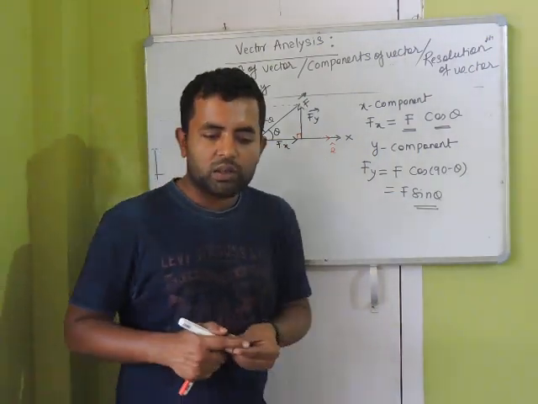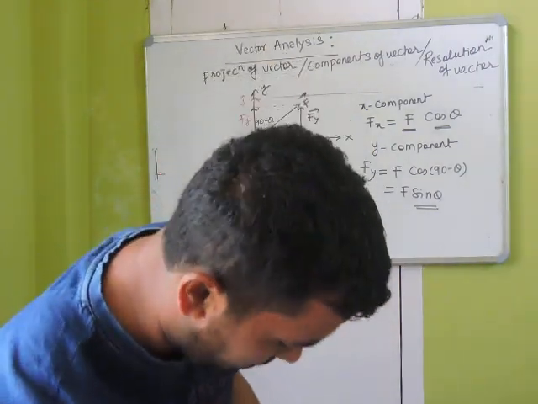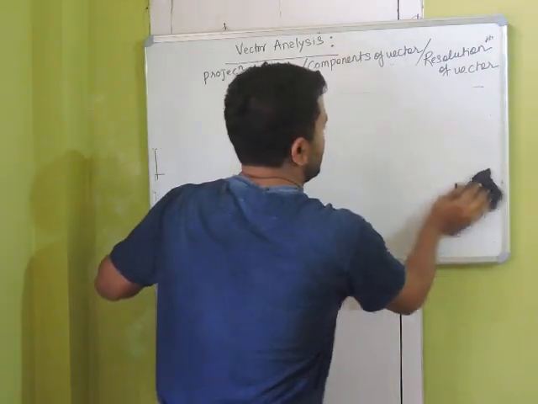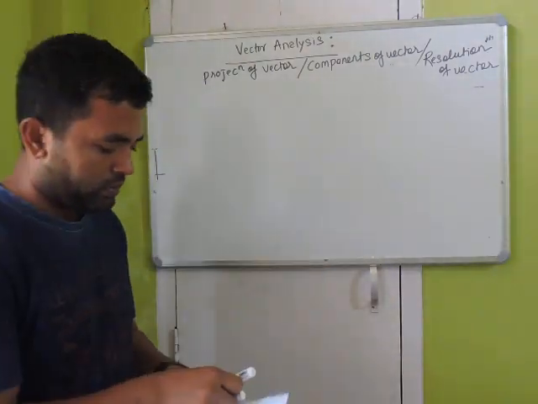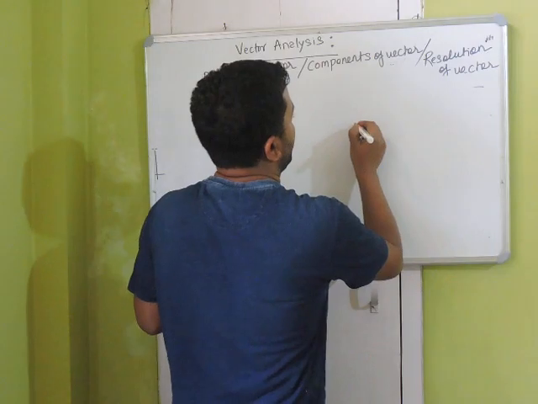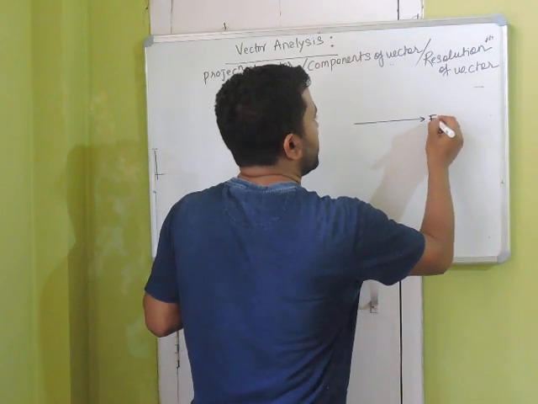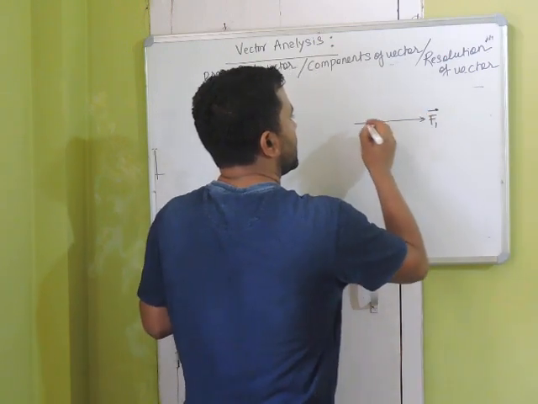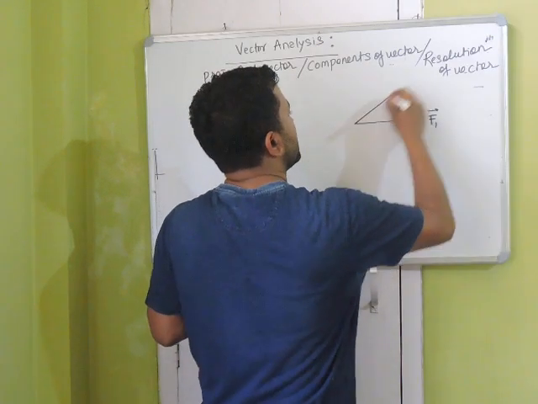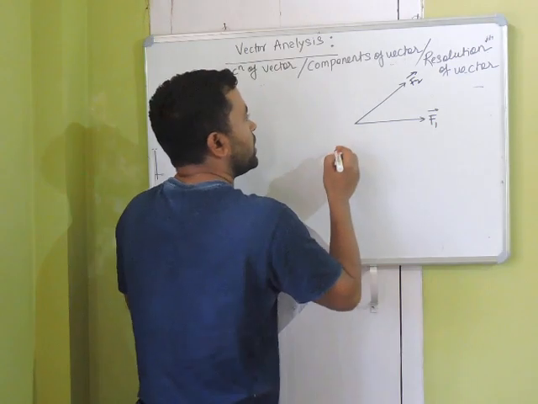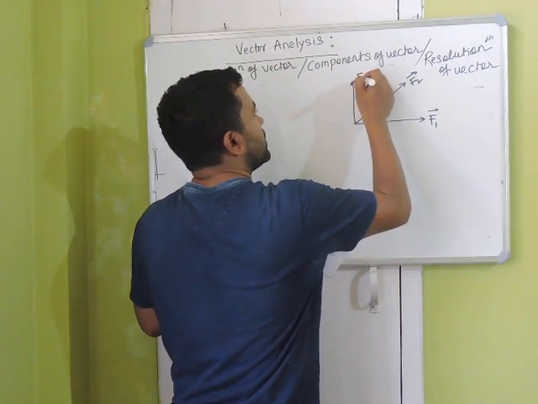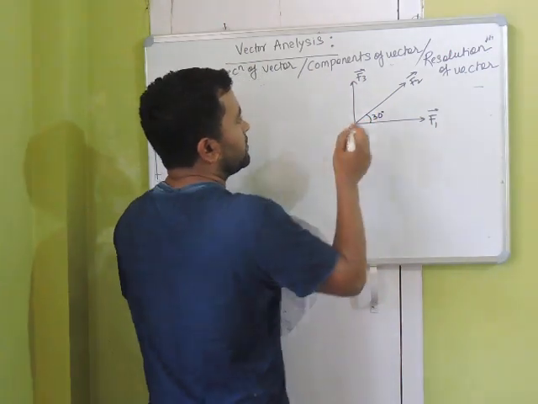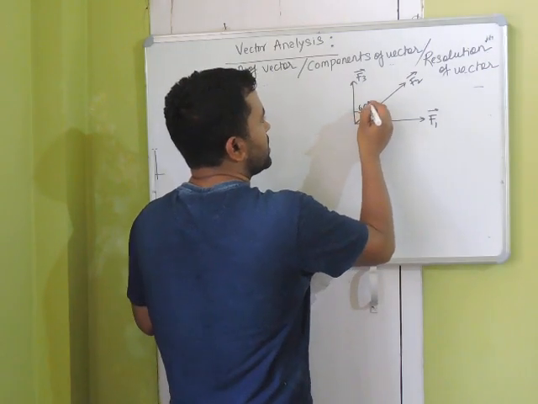Now let us take two more examples. Let us say we have, suppose, force F1, this is force F2, and let us say this is force F3, and let us say this angle is 30 degree and this angle is 60 degree.